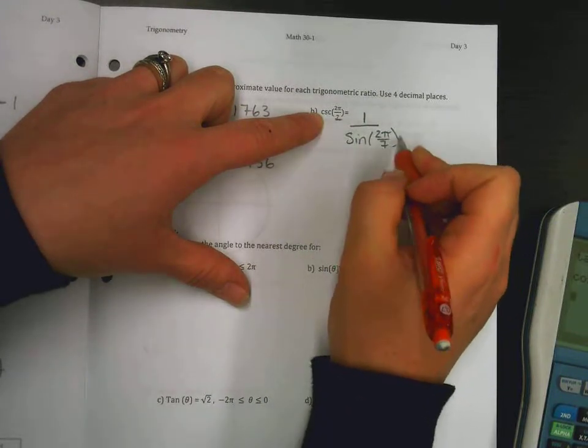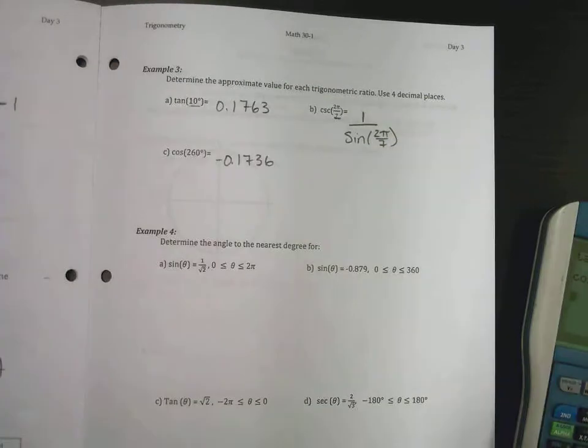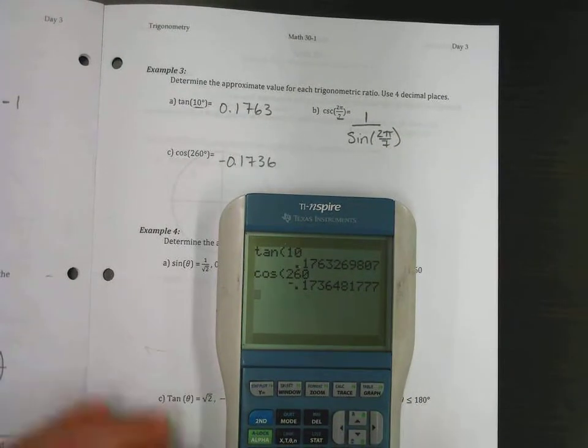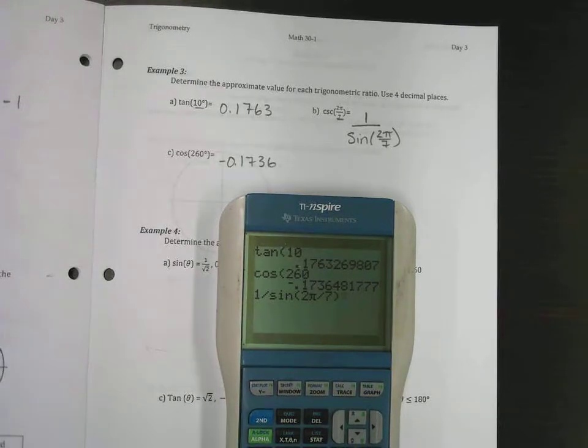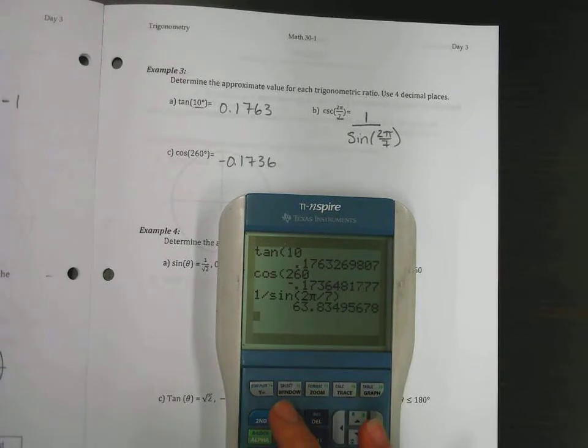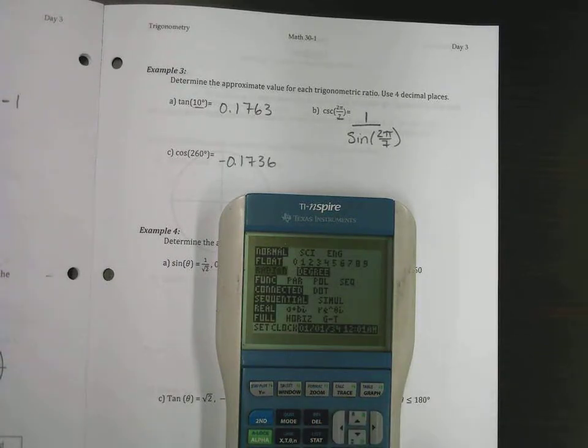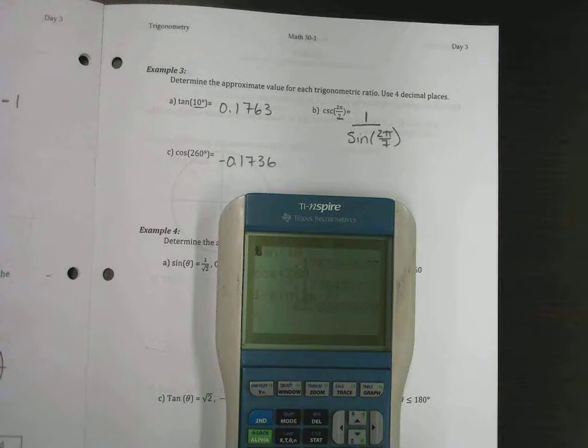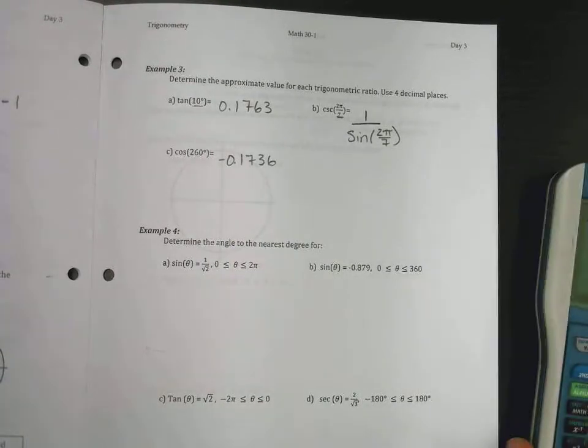You're not reciprocating the angle, you're reciprocating the ratio. So I'm going to go 1 divided by sine of 2 pi over 7. Oh, did I change my mode? Nope. Let's try that again. 1 divided by sine of 2 pi divided by 7, and the ratio should work out to be 1.2790.